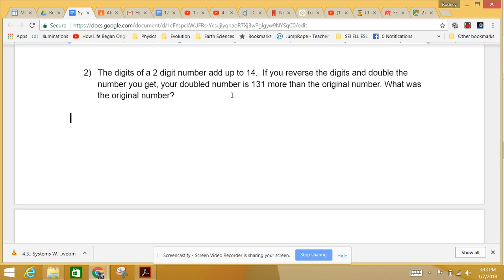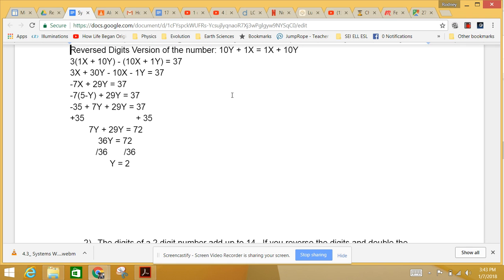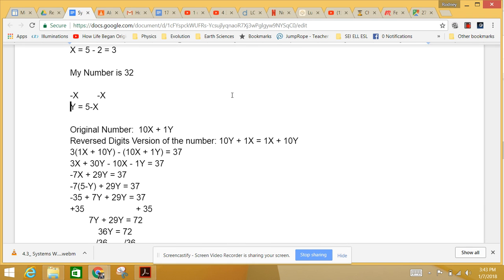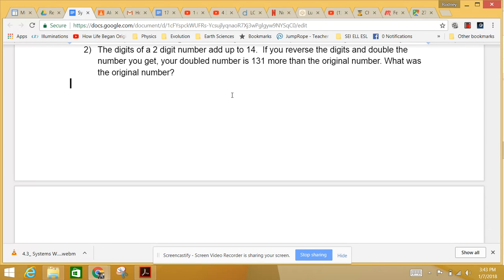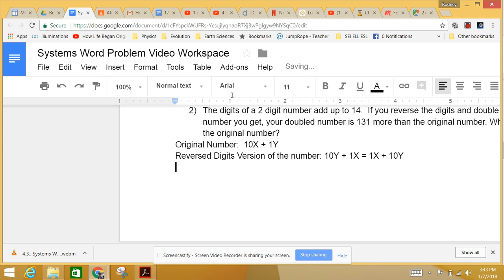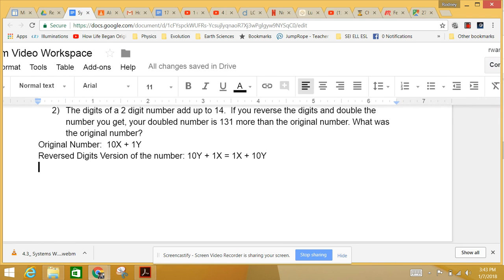So once again, I'm going to go back and borrow stuff here. My first number and my second number, I can just grab those and express them that way. My first number is just 10x plus 1y.